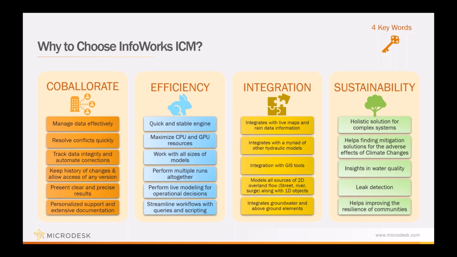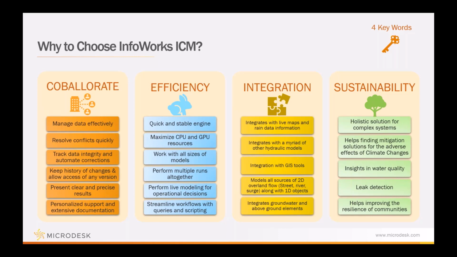You can bring in networks from other models as well. It integrates with GIS tools, including ArcMap, and it helps in terms of integration as well. It integrates streets, rivers, storm surge, all along with 1D objects, and as well groundwater elements.